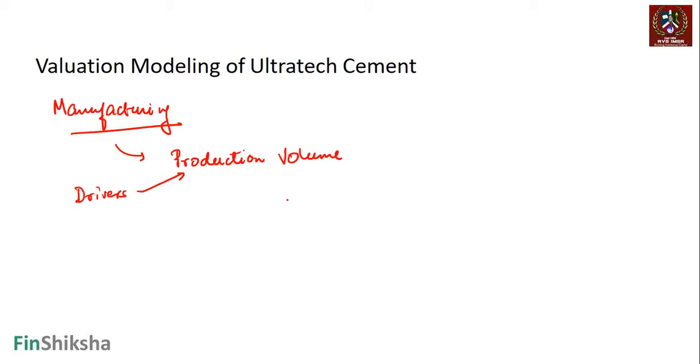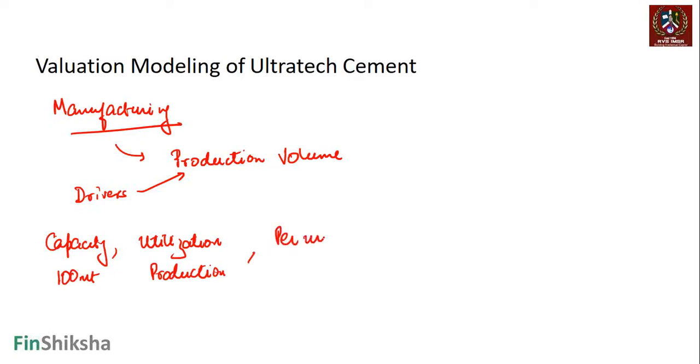If we are looking at capacity, we need to know what the capacity is, and what the utilization of that capacity is. In other words, if the capacity is 100 million ton, how much is the production? They may or may not be using the entire production capacity. Then we need to find out the per unit price.